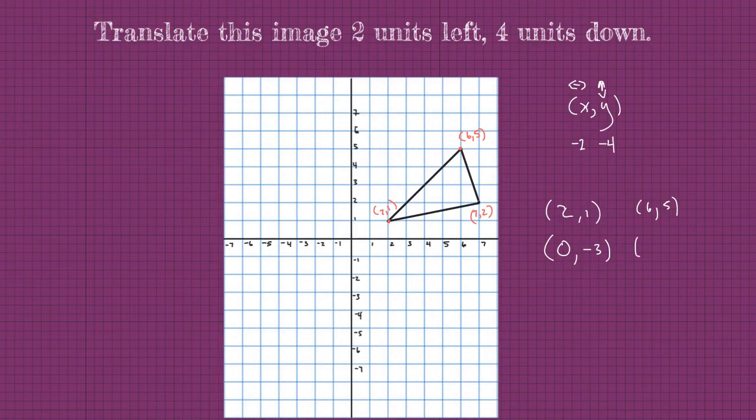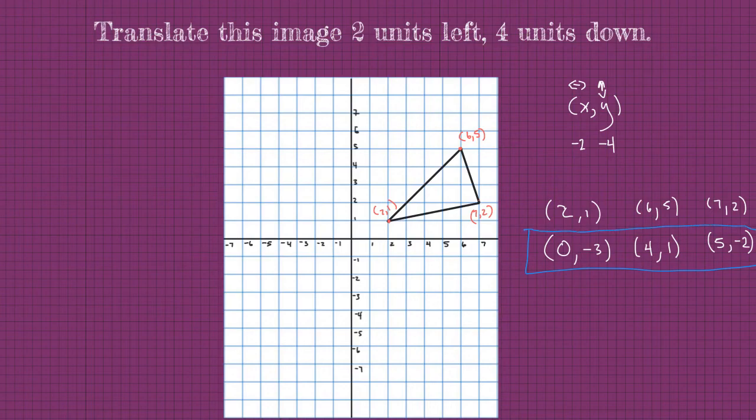I need to subtract 2 from the 6, which is going to be 4, and then subtract 4 from my y coordinate, which is going to be 1. And then for the last point, (7, 2), I'm going to be subtracting 2 from the x coordinate, which is going to be 5, and then I'm going to subtract 4 from the y coordinate, giving -2. So these now are my 3 new coordinates of my translated image.